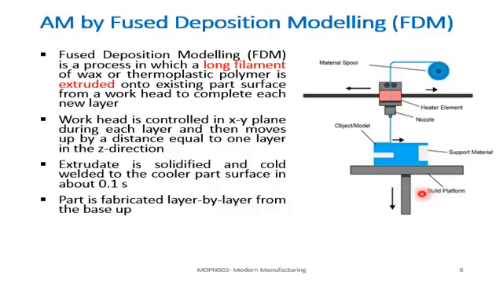Here is the platform, and it can move down to allow a new layer to be created. And in the X and Y direction, the extrusion head, by the computer control system, can create the layer very easily. Actually, the extrusion head moves in the X and Y, and the platform moves in the Z direction. So the extrudate, the product, is solidified and cold welded in 0.1 second, very quick. And then we can create the product in a layer by layer fashion. This is the one process you have seen in the lab, as a matter of fact.